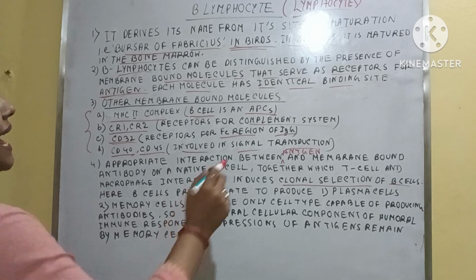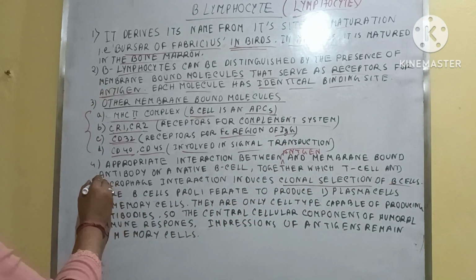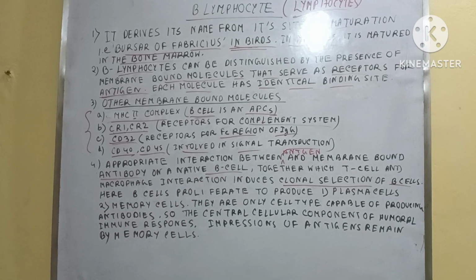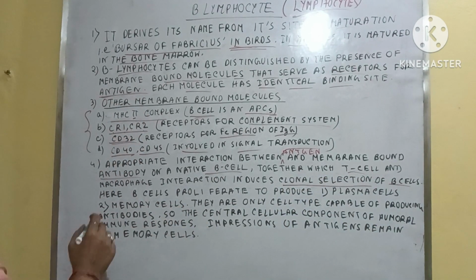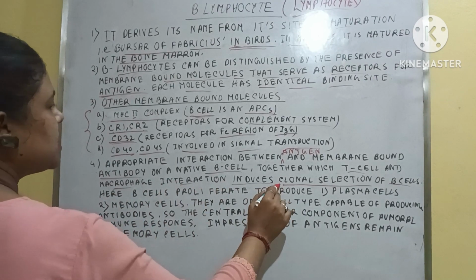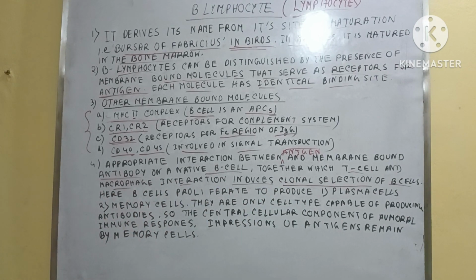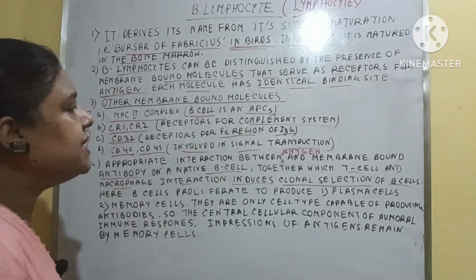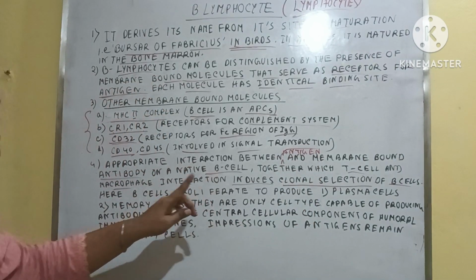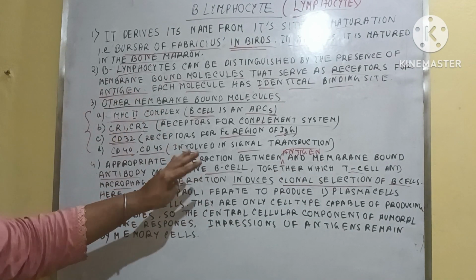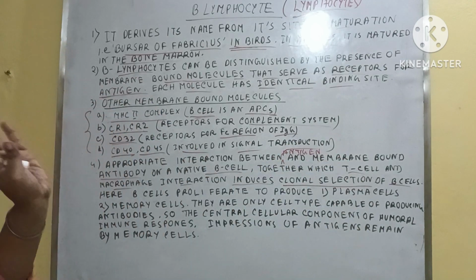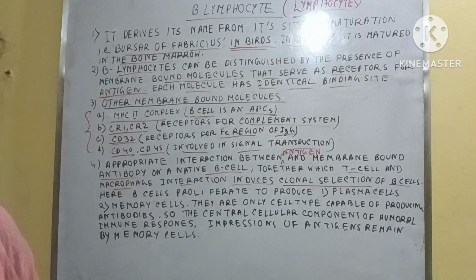Appropriate interaction between antigen and the membrane bound antibody on a naive B cell, together with T cell and macrophage interaction, induces the clonal selection. That means the interaction seen between the antigen and the membrane bound antibody of the B cell helps to bind with the T cell for the degradation of the antigen.